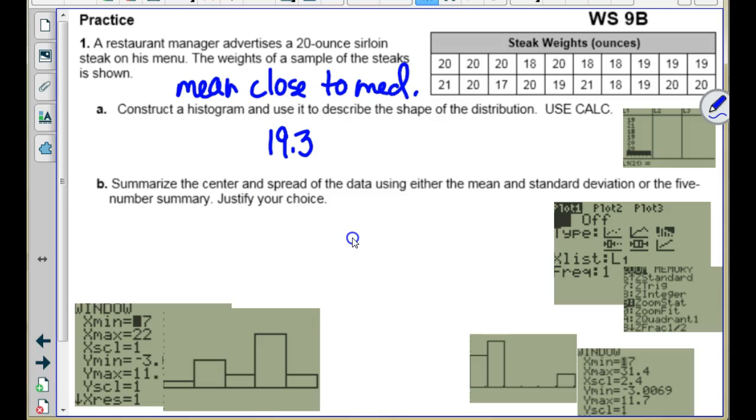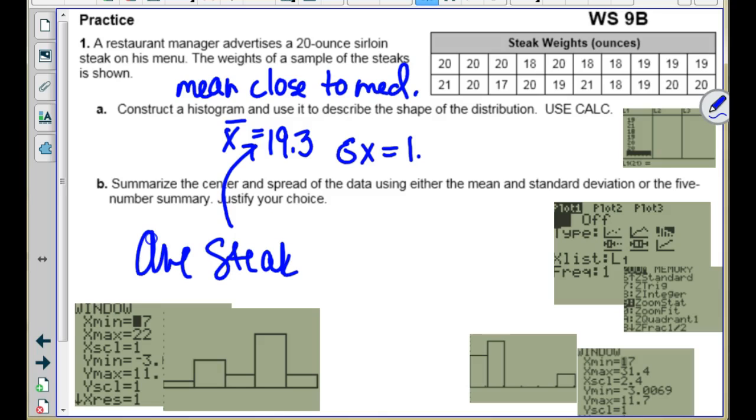So to summarize, we would say the mean, this is really the summary that goes down here, but the mean is about 19.3 with a standard deviation of about 1. So average steak weight is 19.3.